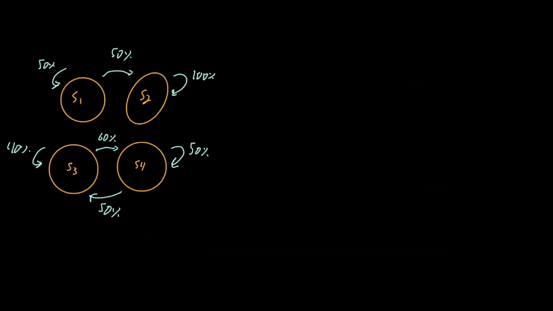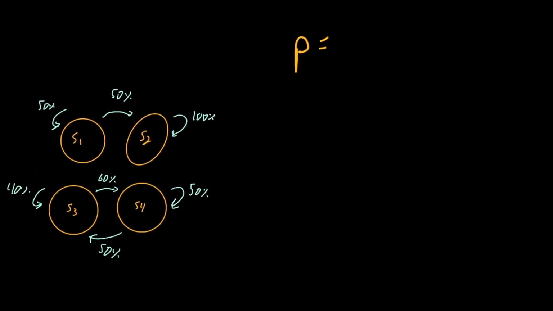So let's consider the following Markov chain. As you can see, we have 4 states, and 2 pairs of states interacting with each other, so this is going to make things a little interesting. However, we can still devise the P matrix. So, how do we begin? Well, let's start off with the notation P equals.